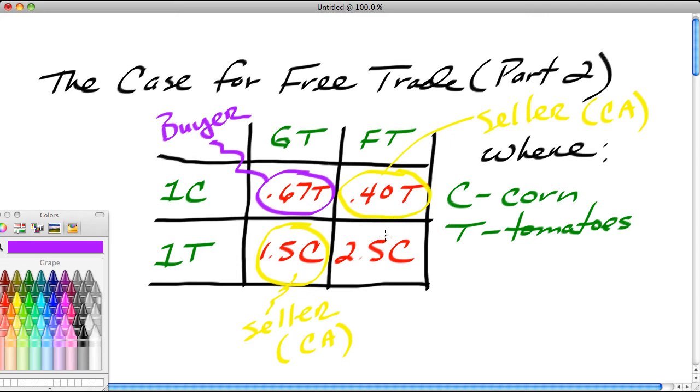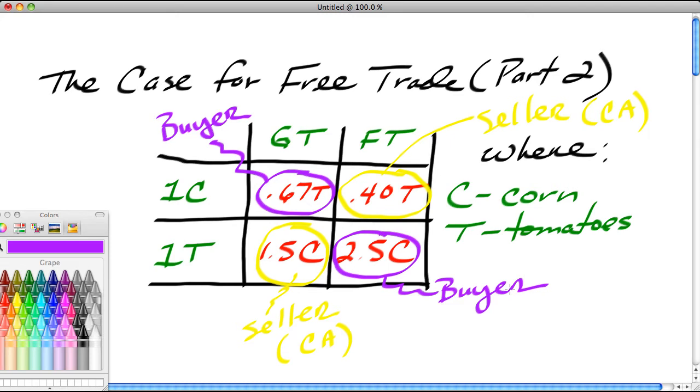And then if we look at tomatoes, we see that Five-Thumb has the comparative disadvantage in tomatoes. It's more costly in terms of corn given up for him to make tomatoes. Therefore, he should be the buyer of tomatoes. And we'll see later on that if Greenthumb specializes in tomatoes, makes tomatoes, and sells those tomatoes to Five-Thumb, both he and she will be better off.